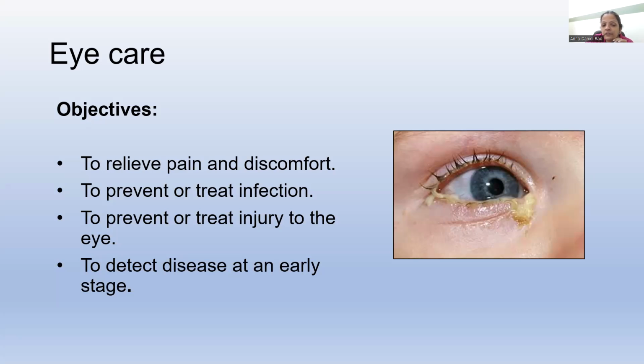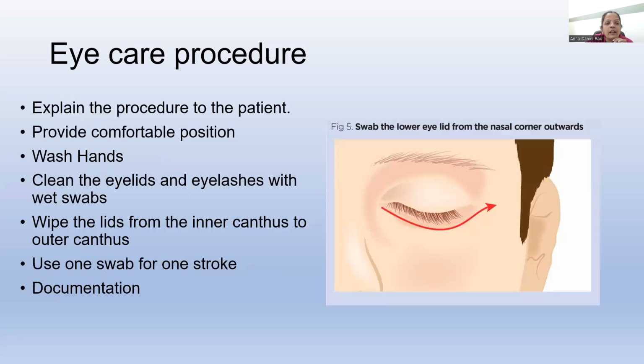If any disease is developing, we can identify it early, so this will help. So again, how to do it? A good comfortable position should be given, right? Whoever is giving care should wash hands thoroughly. Cleaning of the eyelids from the inner canthus to the outer canthus is essential, and one swab for one stroke.